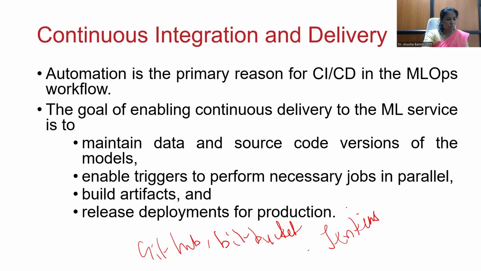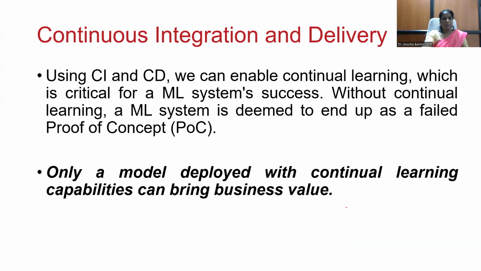Continuous development and integration is very much needed before production. We are developing code, then integrating the code, and checking whether any errors are there or not. We are streamlining and automating the process. Only after that are we moving to production.